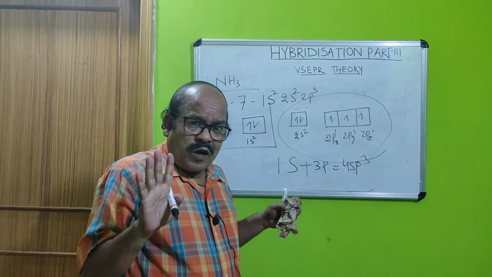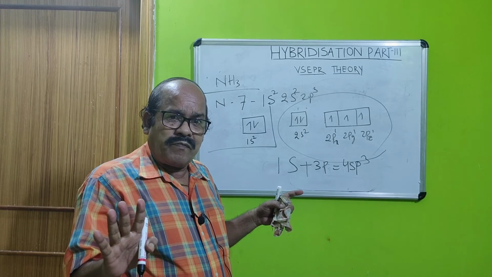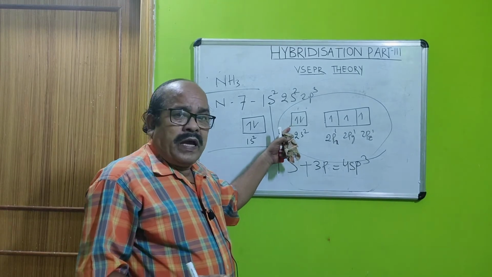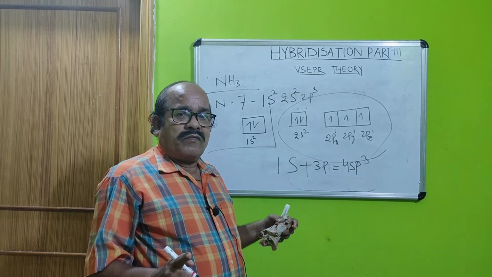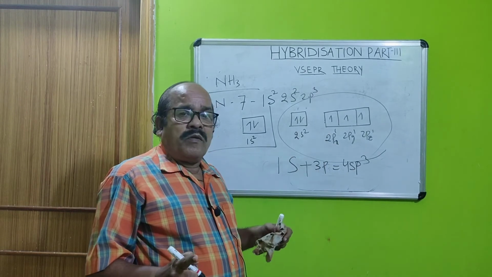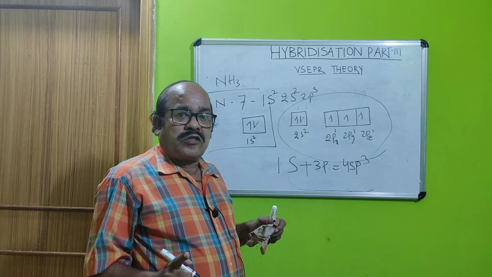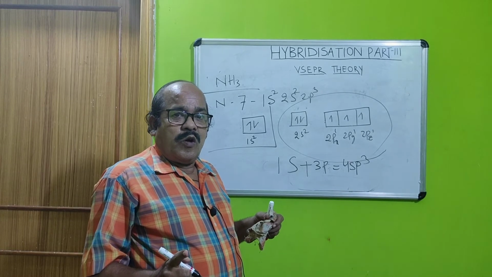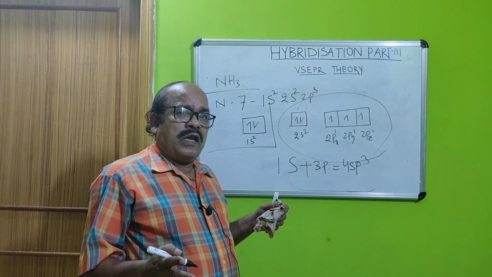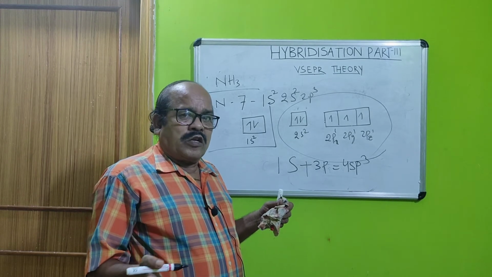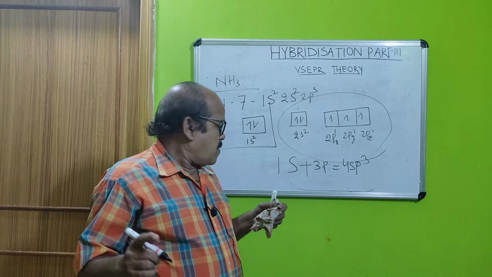Out of the 4 sp3 hybrid orbitals, one has a lone pair, the others have single electrons. They are called bond pairs. Lone pairs will remain as they are. Bond pair electrons will attract electrons from an outside atom to form a bond.